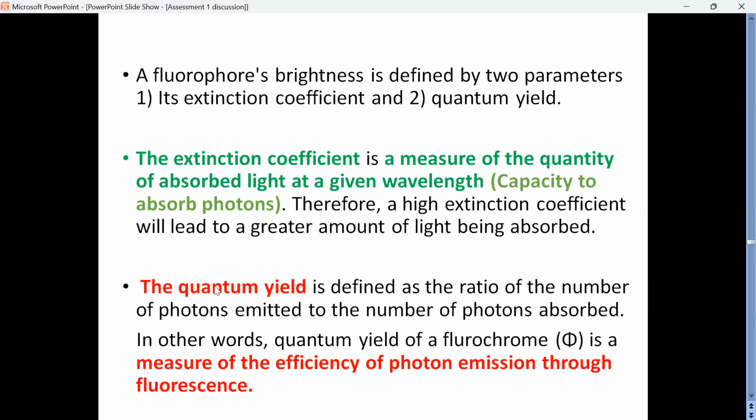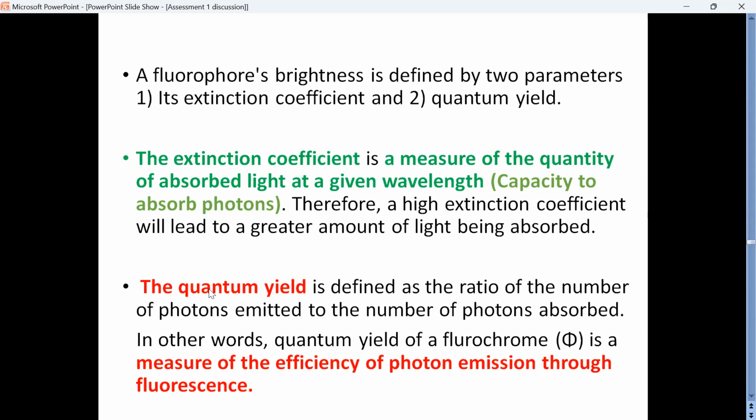Okay, now coming to quantum yield. Quantum yield is defined as the ratio of the number of photons emitted for every photon absorbed. If a fluorochrome absorbs 1 photon and releases 8 photons in turn, then the quantum yield is 8.